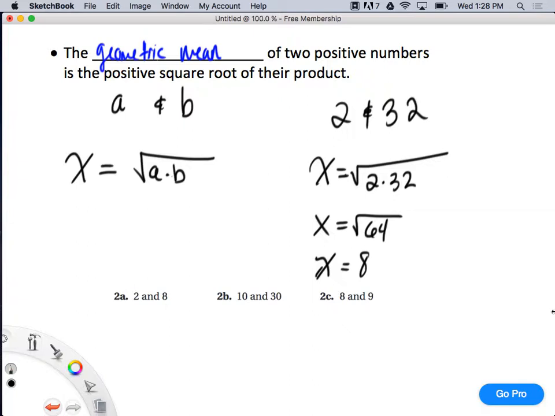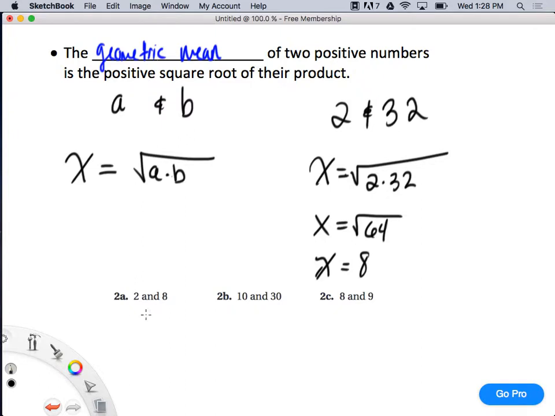Good. Yep. After you get the answer, do you want us to square root it? Okay, shh.